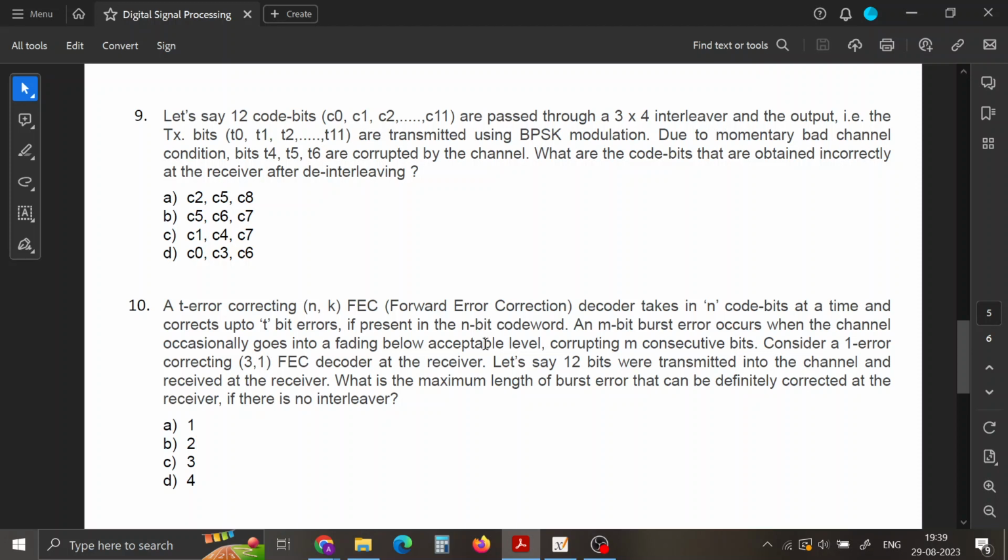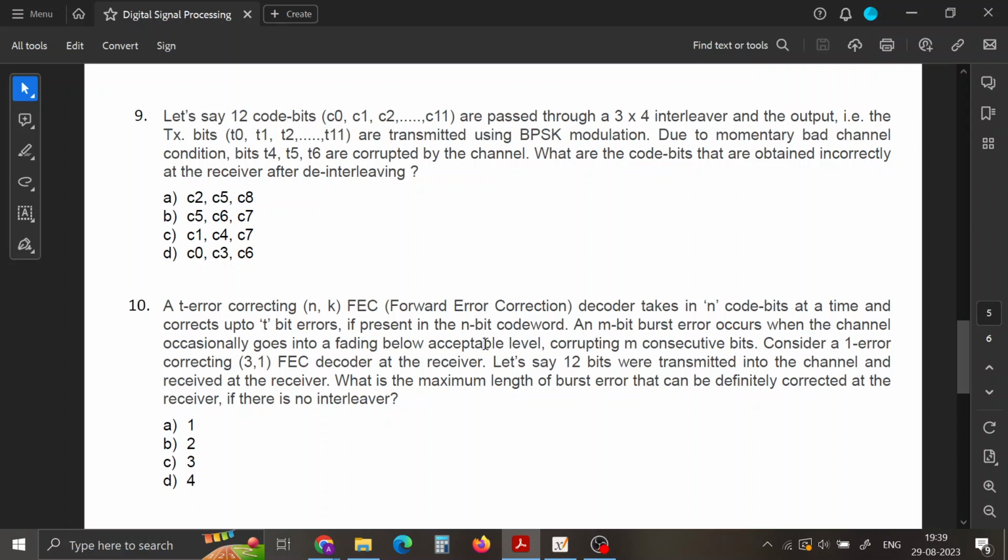Hopefully you have read it. It says there are 12 code bits labeled C0, C1 and so on up to C11. The 12 bits are passed through a 3x4 interleaver at the transmitter, and the output of the interleaver is the transmitted bits, denoted T0, T1 and so on up to T11. So the sequence will be different.